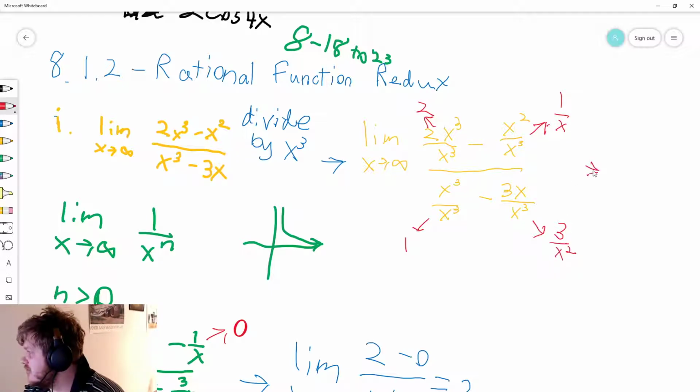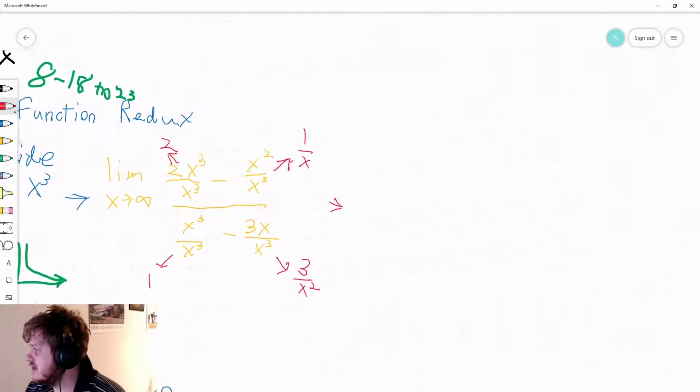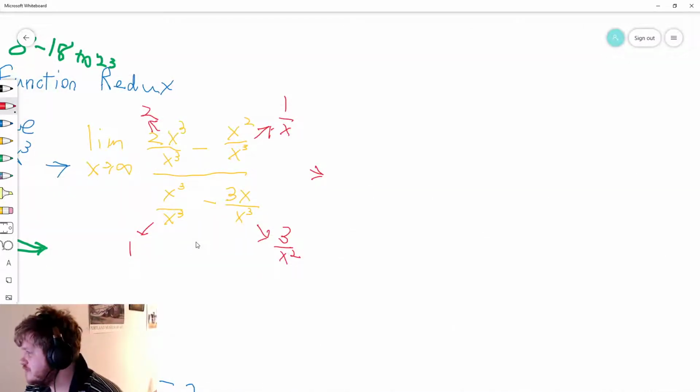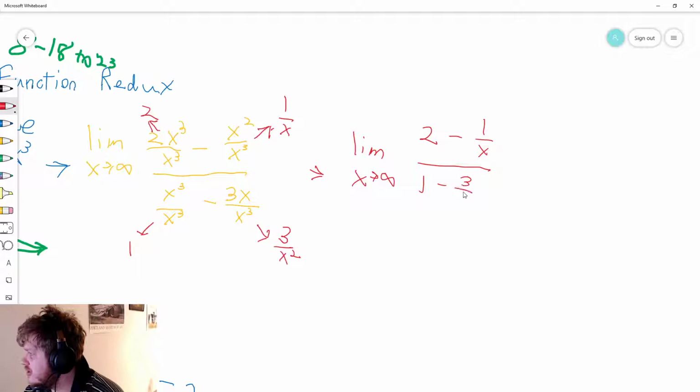And so we end up rewriting it as the limit as x approaches infinity of 2 minus 1 over x, all over 1 minus 3 over x squared.